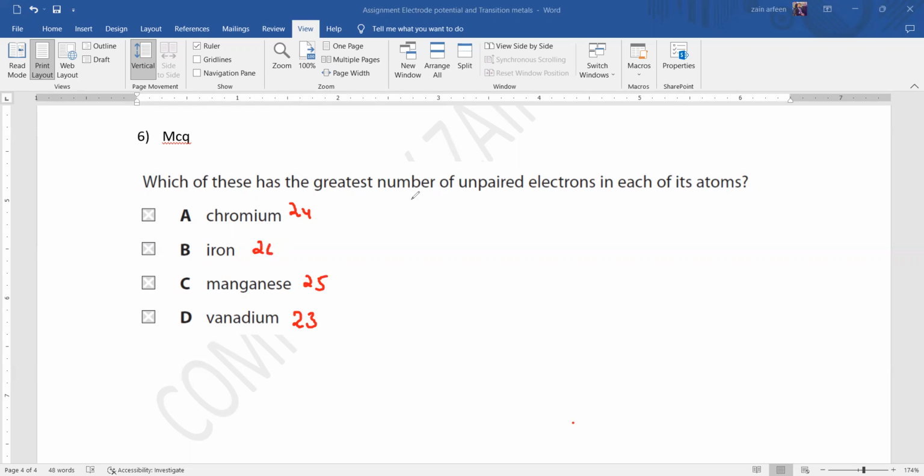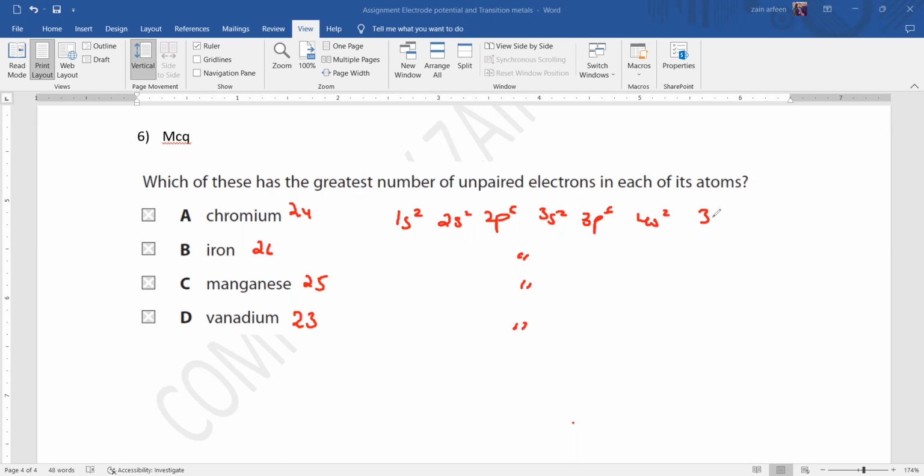Then we write the electronic configuration. It will be 1s2, 2s2, 2p6, 3s2, 3p6, 4s2. So 20 electrons are arranged. For all of them, it will be like this because 20 are there.